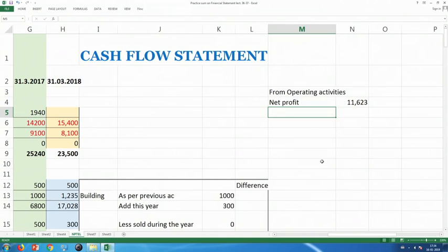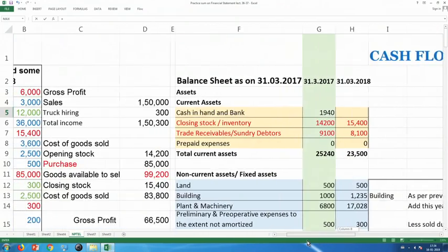The next item is adjustment for non-cash expenses like depreciation and amortization. So, in this case, in this sum, we have some amount of depreciation as well as amortization. We have to add them together and then come here. So, let us write depreciation and amortization. This should be equal to, let us put that together to save time.